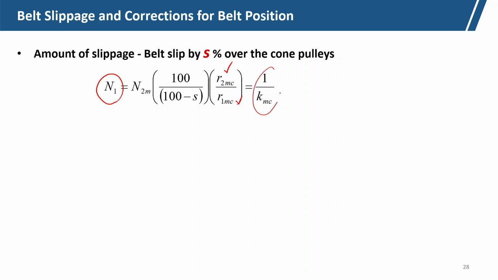Now, for correction, if we try to incorporate it, the normal case would have been like this: N1m by N2m equals R2m by R1m.